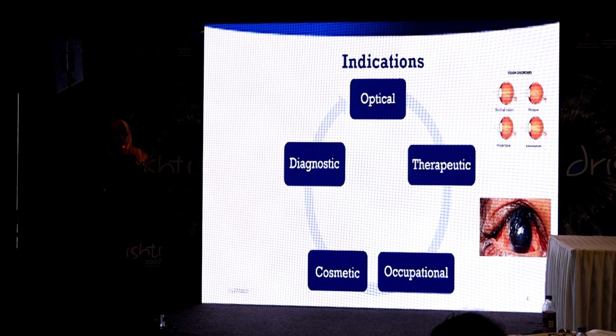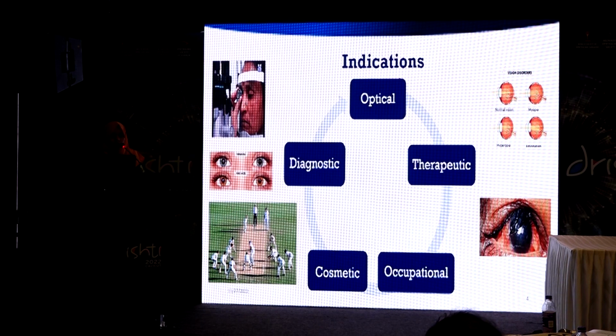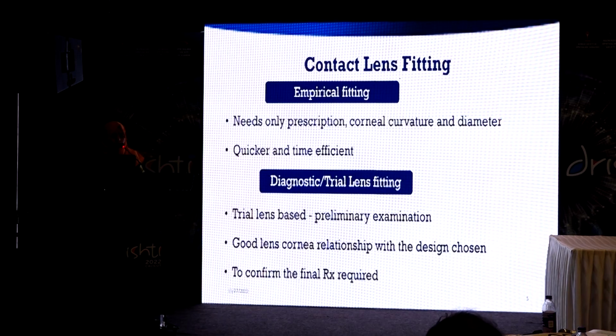Therapeutic, for treating corneal ulcers or trichiasis, entropion, ectropion, etc. Occupational, mainly for sports people, pilots and actors. Diagnostic, mainly for gonioscopy. And cosmetic, if the patient wants colored contact lenses, and also for conditions like phthisis bulbi, which will be treated with cosmetic lenses.